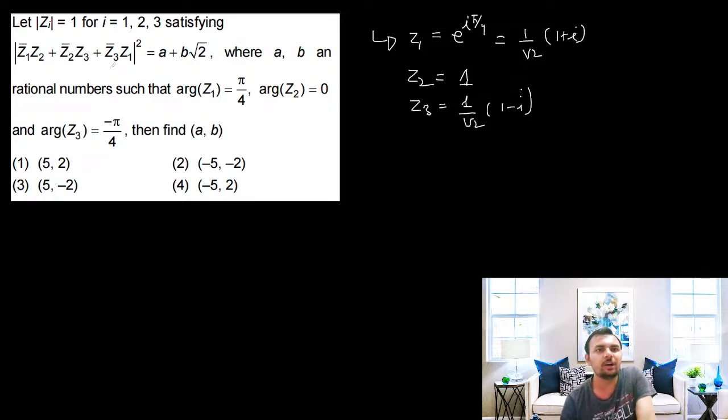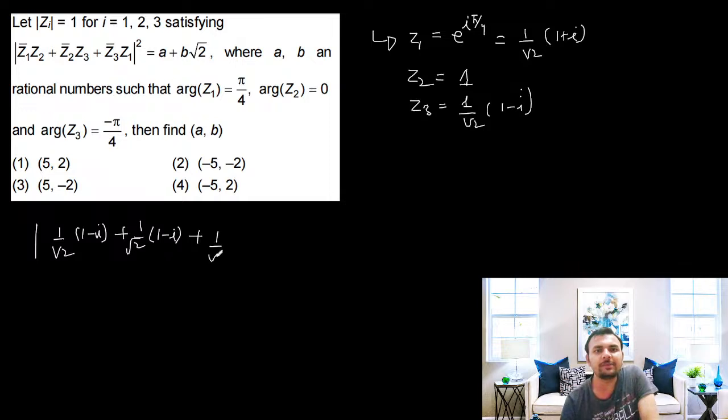Okay. Now in this place we have to put mod z1 minus z1 dash into z2, which is nothing but 1 by root 2 (1 minus iota), z2 dash (1 plus 2 root 2)(1 minus iota), and z3 minus z1 dash.